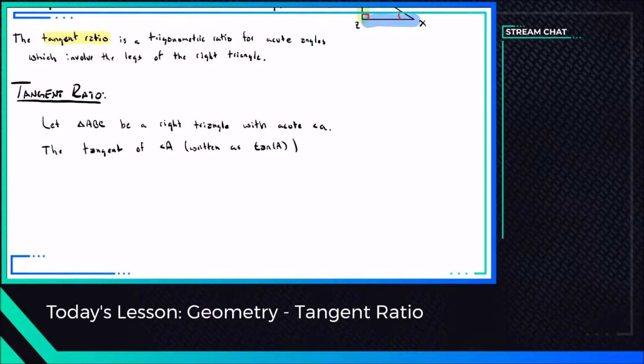Our book does not. I prefer to put the angle in parentheses. It makes it cleaner. It is defined as the following.